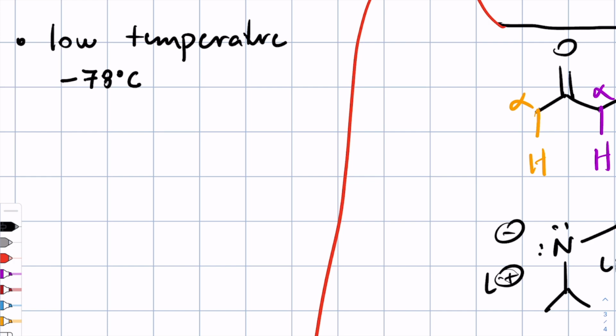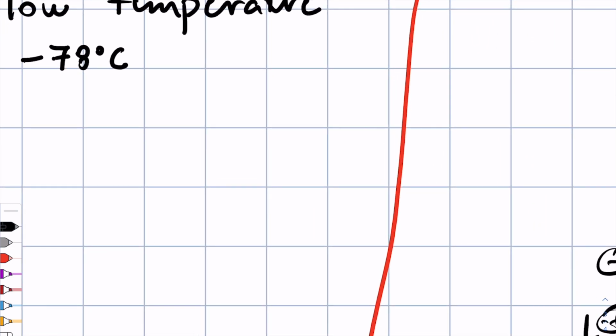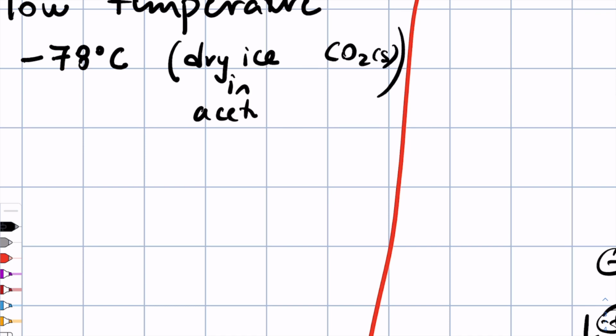Just like on the labels of food, where 0 grams trans fat does not really mean 0 grams, but means less than 500 milligrams, minus 78 C doesn't necessarily mean exactly minus 78 C. At certain atmospheric pressures, this is the temperature of dry ice, that is solid CO2, in acetone, both of which are very easy to get in the organic lab.